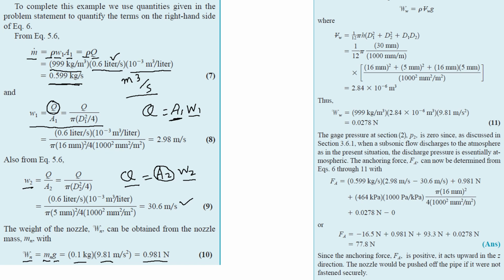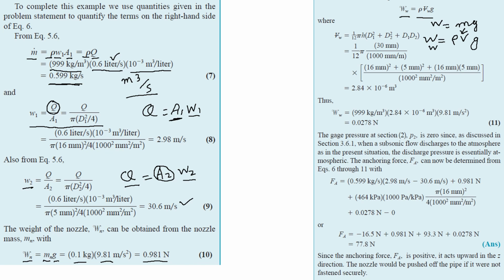Now I am going to find my weight of the water. So weight of the water is W is equal to mg, but the mass of the water is not given, but we can use the rho v term for mass to find our weight of the water.